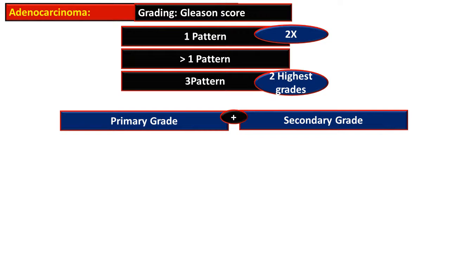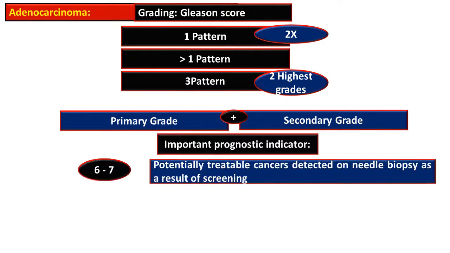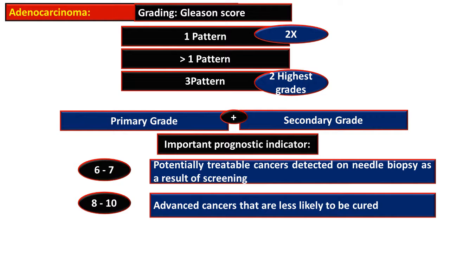When there are 3 patterns, the 2 patterns having the highest grades are summed together. A Gleason score of 6 to 7 denotes a potentially treatable cancer that is detected on needle biopsy as a result of screening, and a Gleason score of 8 to 10 shows an advanced cancer that is less likely to be cured.